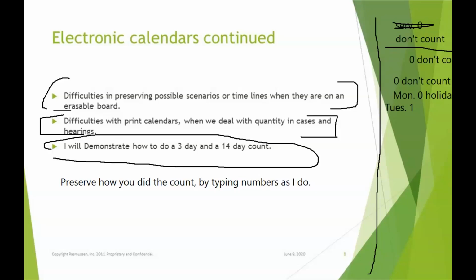So you have 1, 2, 3, 4 don't count, then a 1, 2, 3. So you have parts of 7 days before the hearing can be held. But this is considered a 3 day notice. The third day does count as fully notified on a 3 day count.